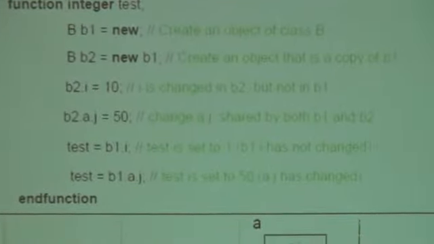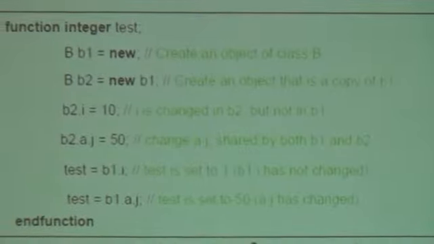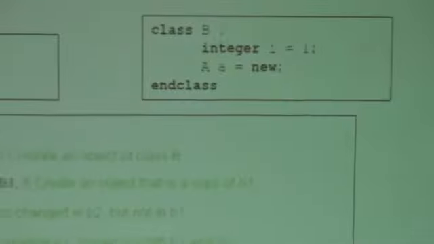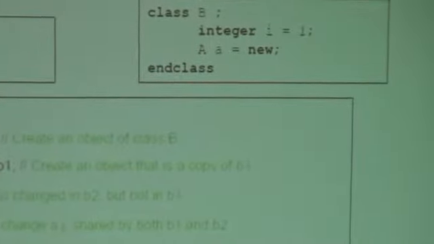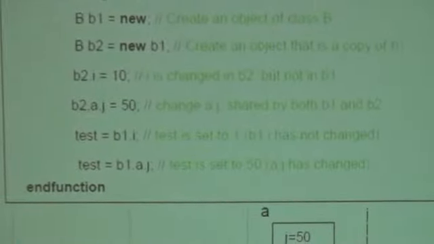Since both b1 and b2 refer to the same class B, and b2 is a variable of class B, I am accessing b2.i. What is i? i is nothing but a class property in B. b2.i is equal to 10. I am updating the Xerox copy with i equal to 10.